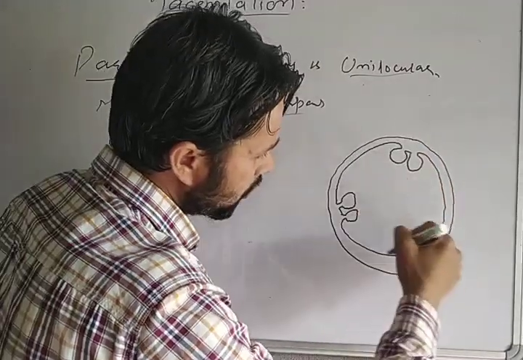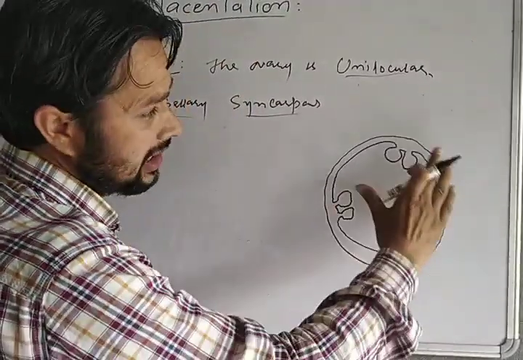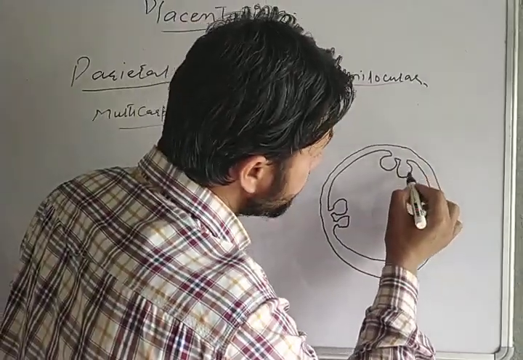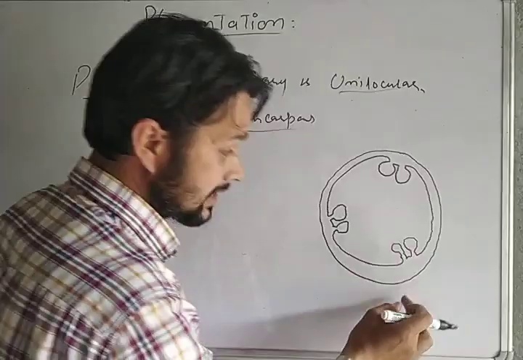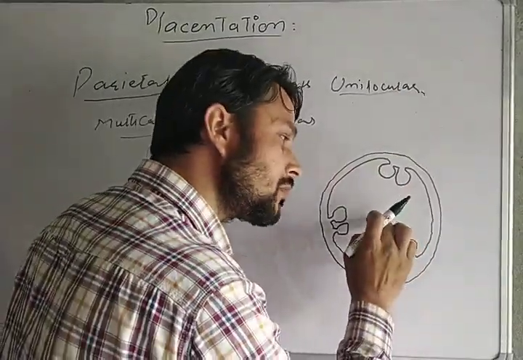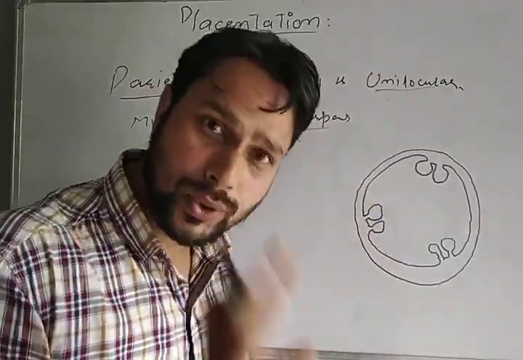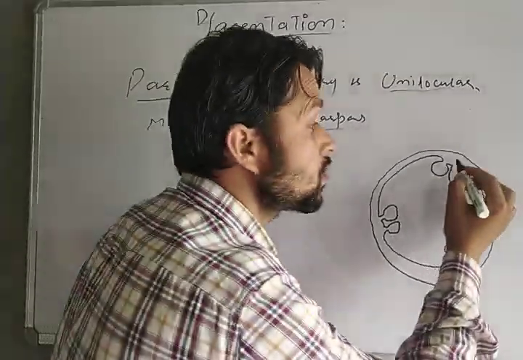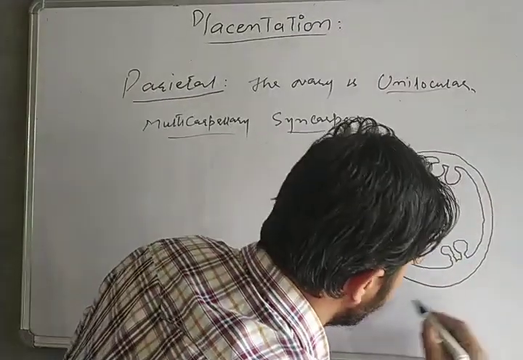This is a monolocular ovary, unilocular ovary, syncarpous and multicarpellary. Here the margins of carpels are fused towards the periphery. If this is the center, in axial placentation there was fusion of margins of carpels at the center. But here in parietal there is fusion of margins of carpels towards the periphery. And this is parietal.